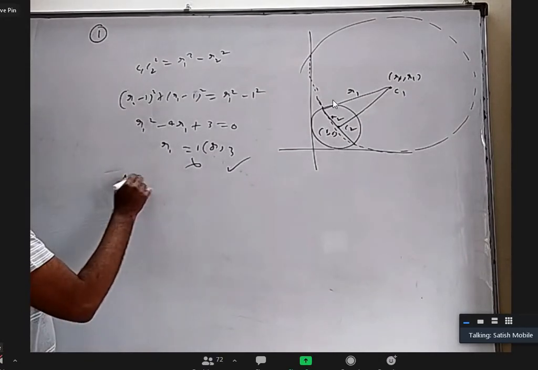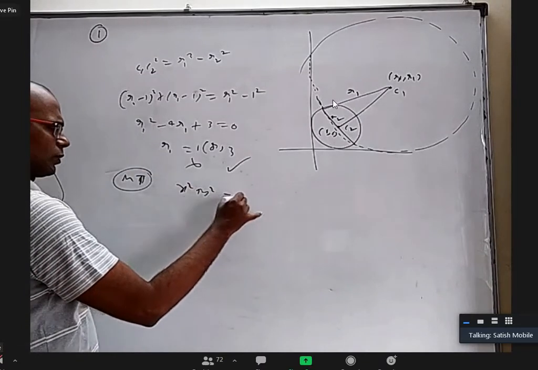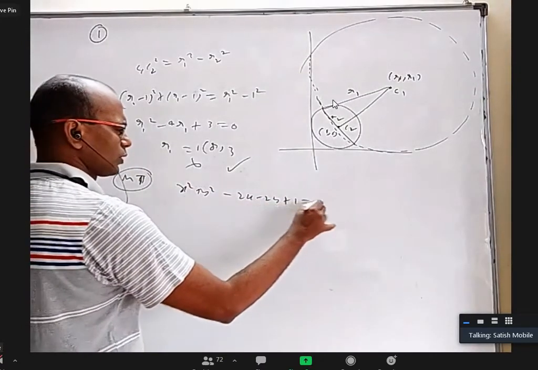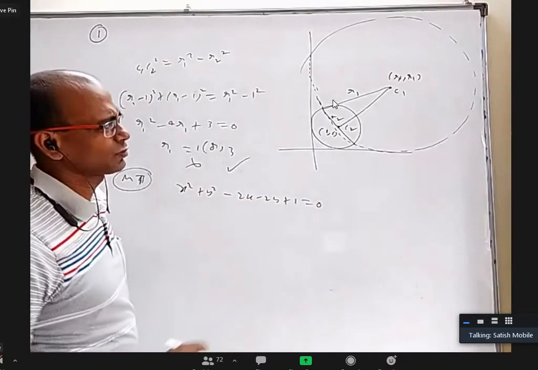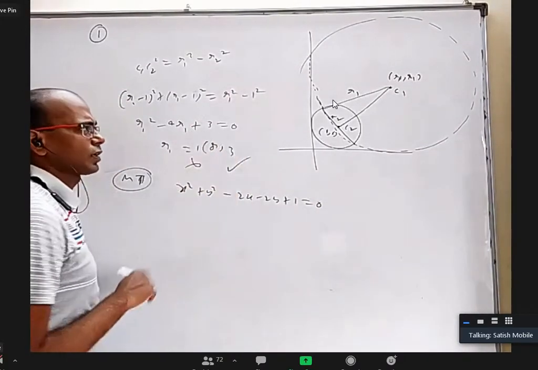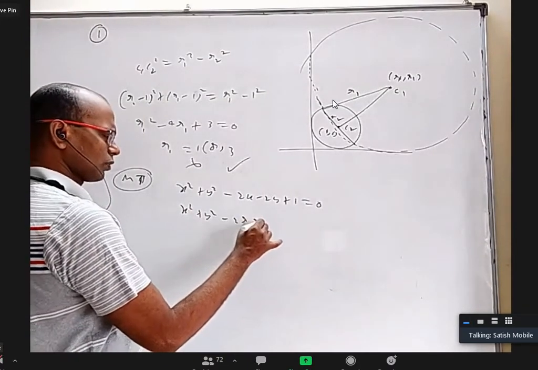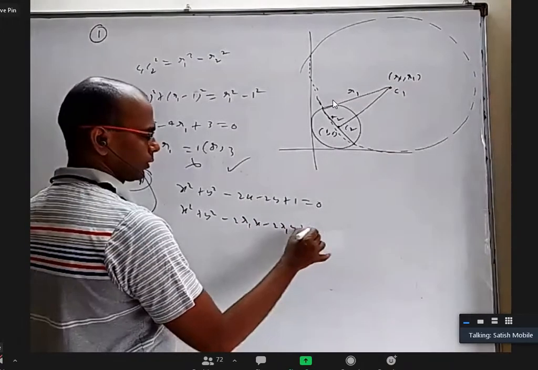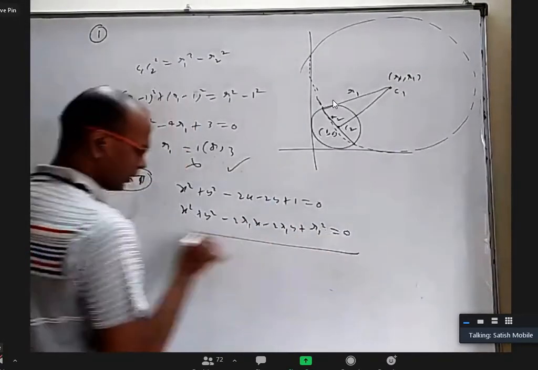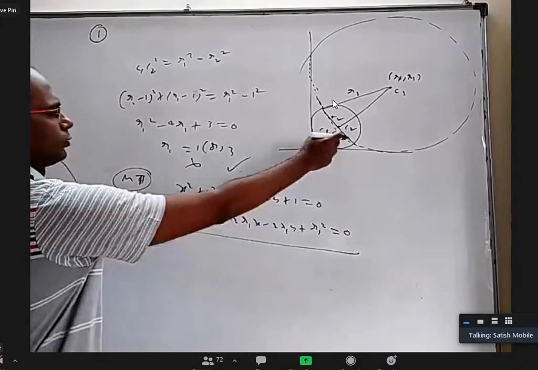Otherwise, you have to take another way, where the given circle is x square plus y square minus 2x minus 2y plus 1 equal to 0. A circle with center 1, 1, radius 1. Another circle, you take center R1, R1, radius R1. That will be x square plus y square minus 2R1x minus 2R1y plus R1 square equal to 0. You find the common chord and it passes through the center of the smaller circle.